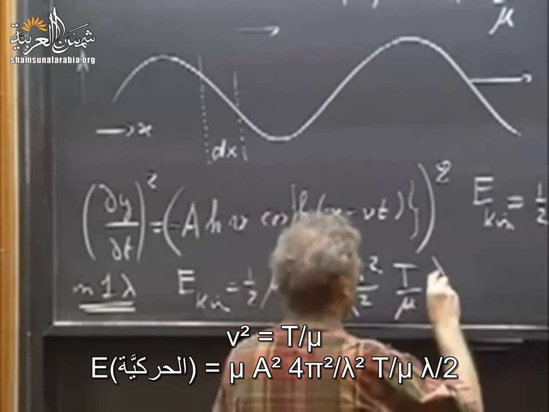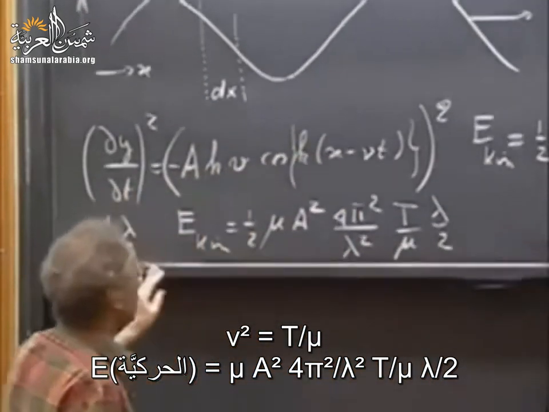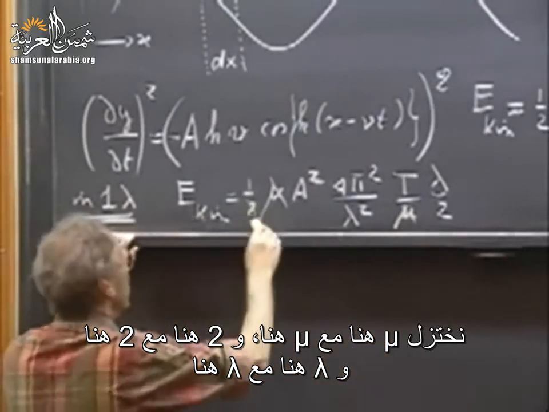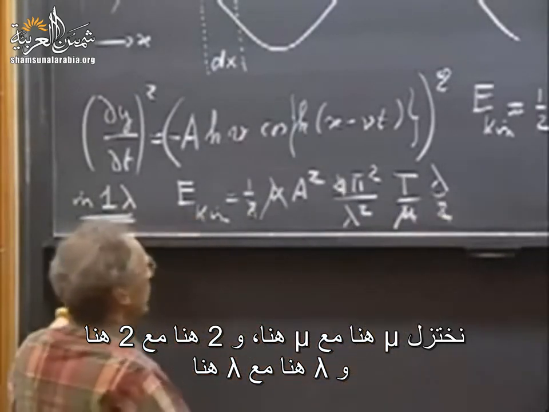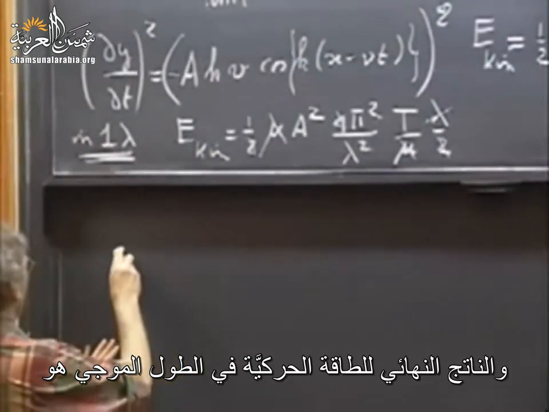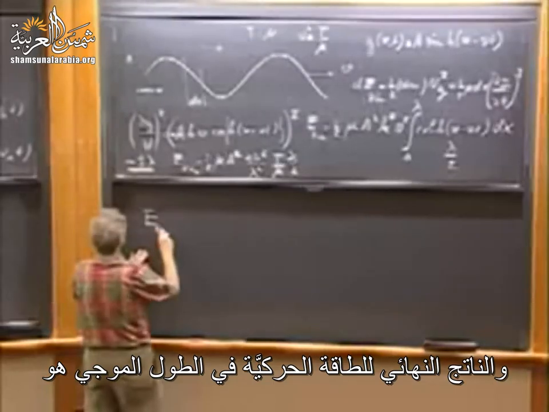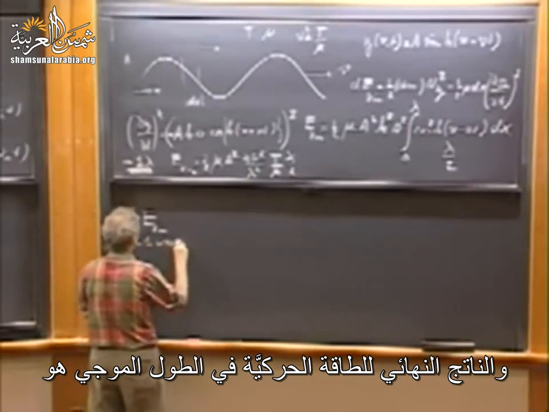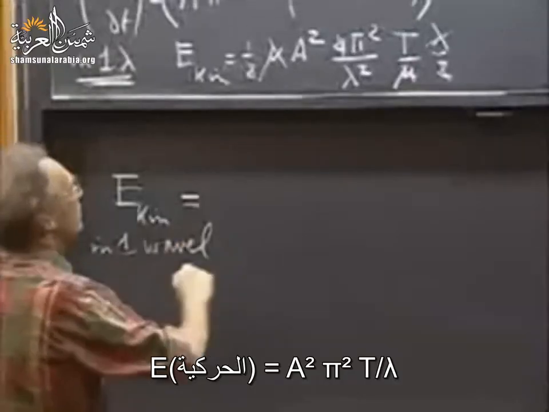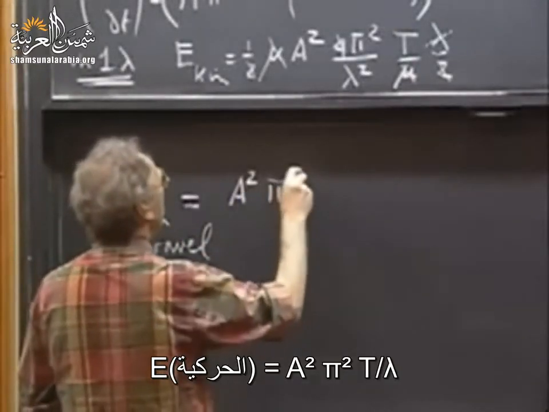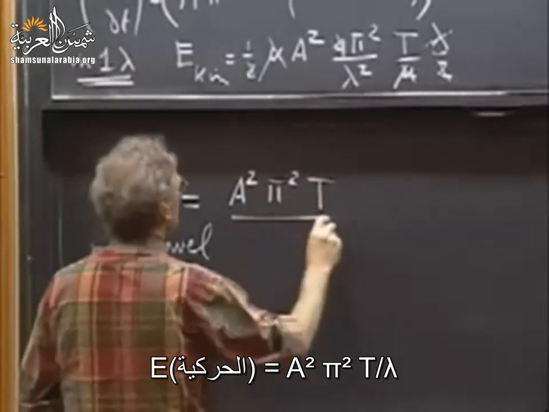And then I have my lambda over 2. Well, this mu kills this mu. This 2 kills this 4 and this 2. And one lambda kills one lambda here. So now I have the final result that E kinetic in one wavelength equals A squared times pi squared times T divided by lambda.